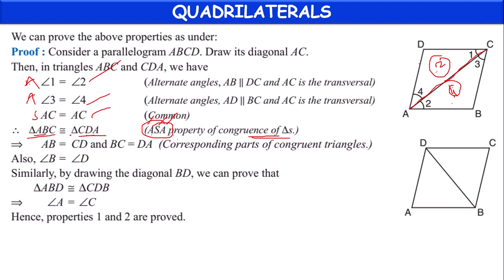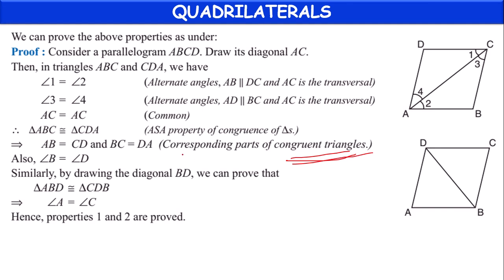If two triangles are congruent, then the remaining corresponding sides will also be equal, and angles will also be equal, because for congruent triangles, corresponding parts are always equal. So AB equals CD, BC equals DA.